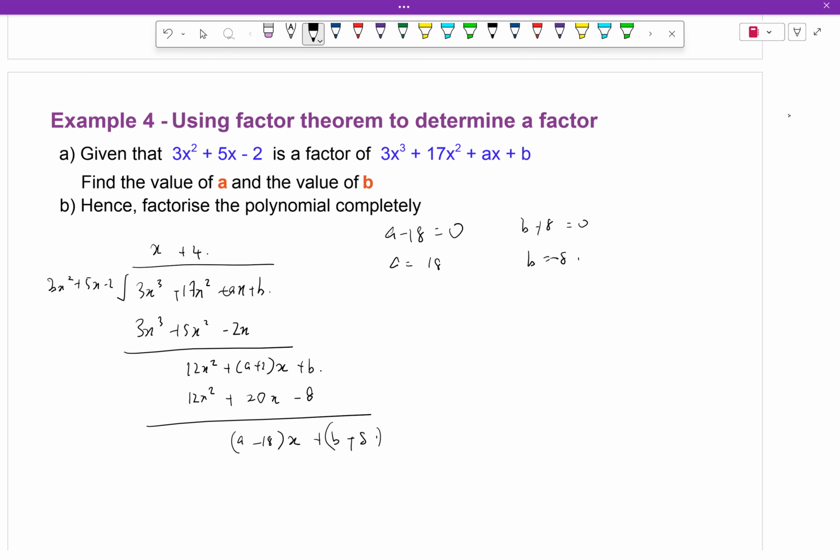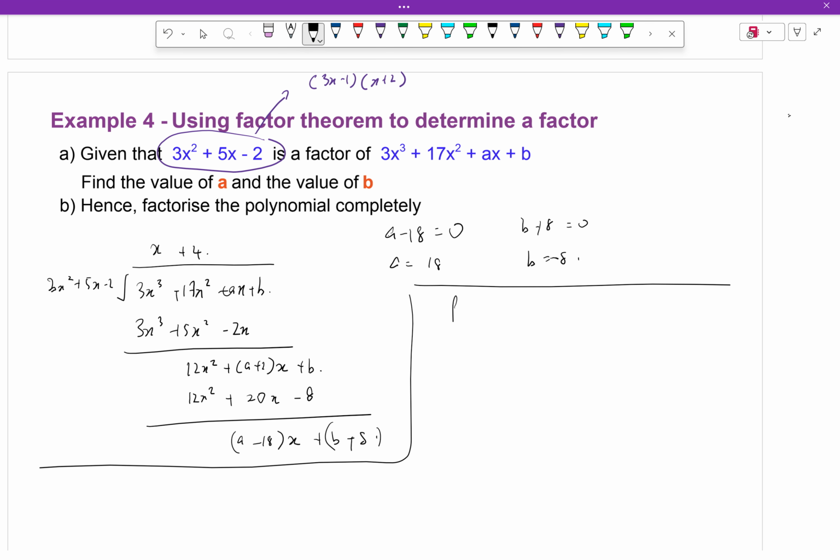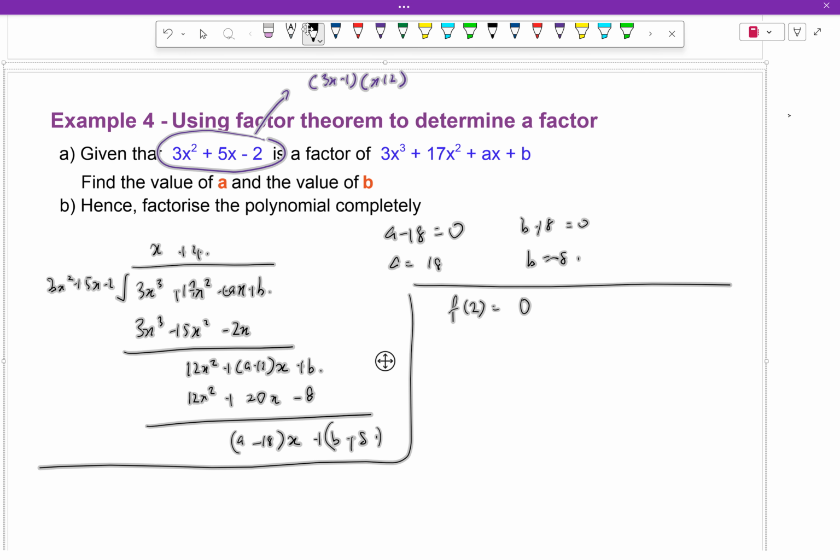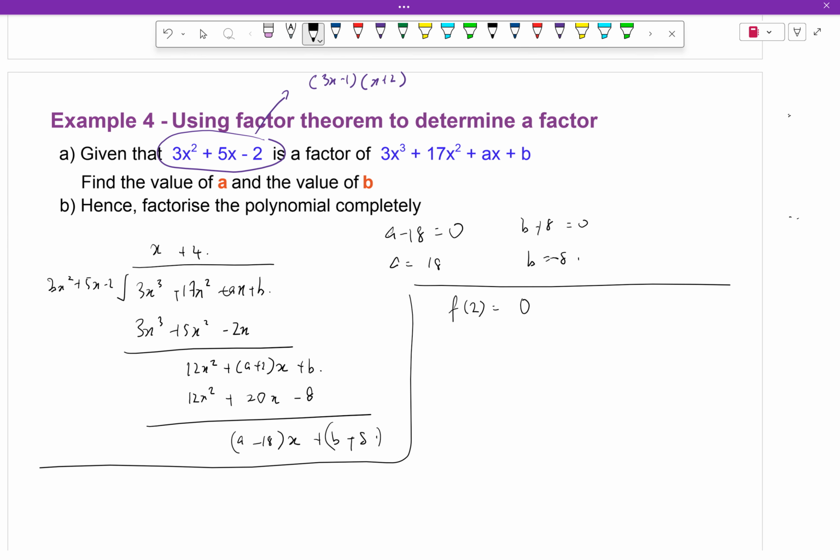Now, what about factorization? With the factorization, what it wants you to do is this. You want to expand it into this form. I'm going to do f of negative 2 that equals to 0. So which is equals 0.